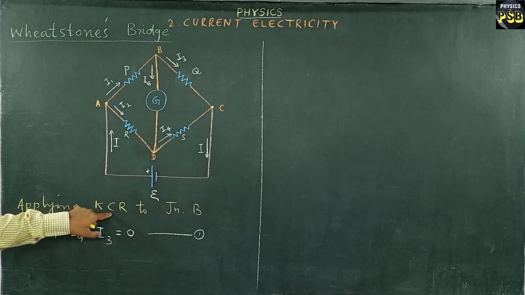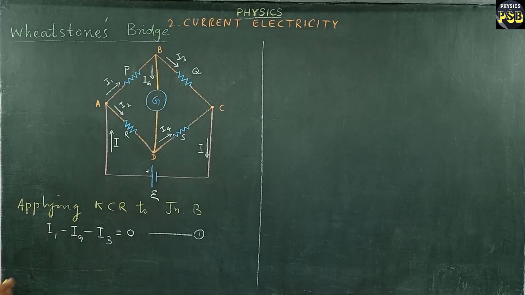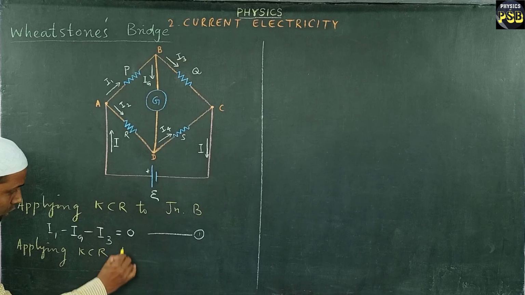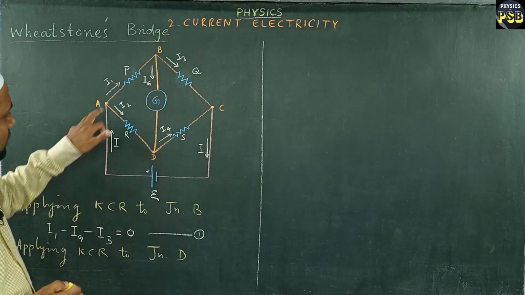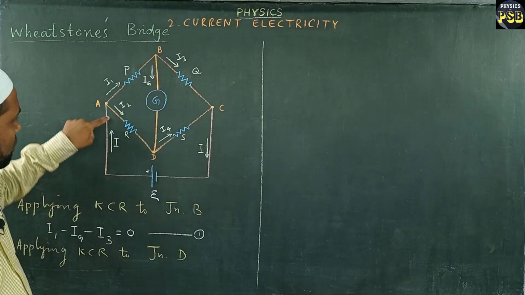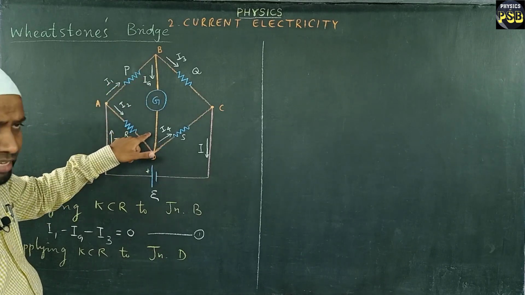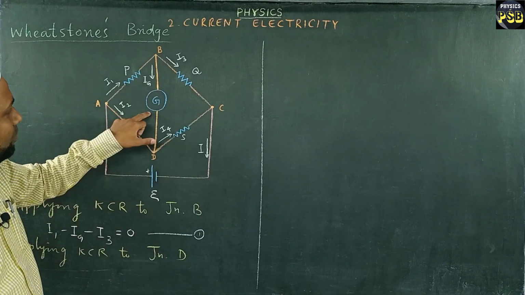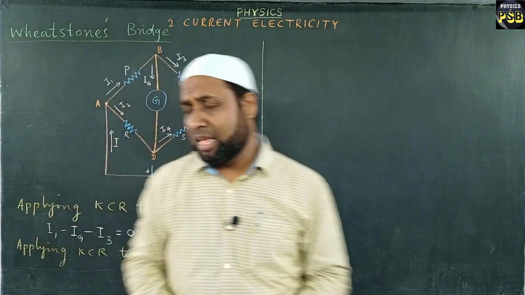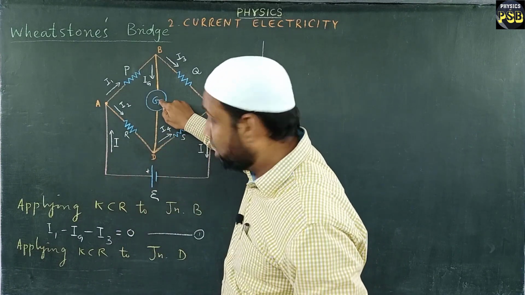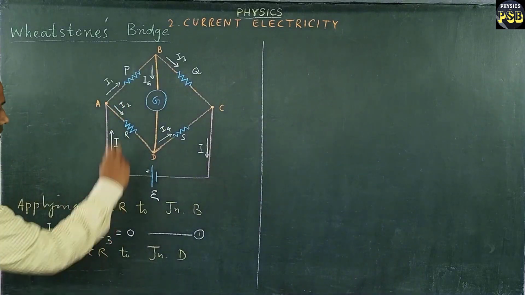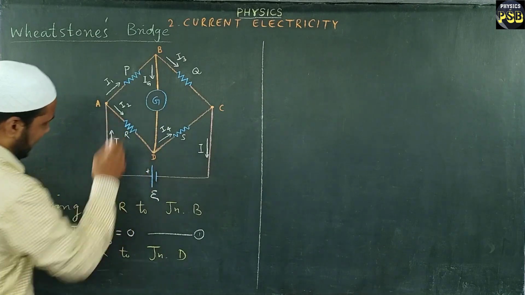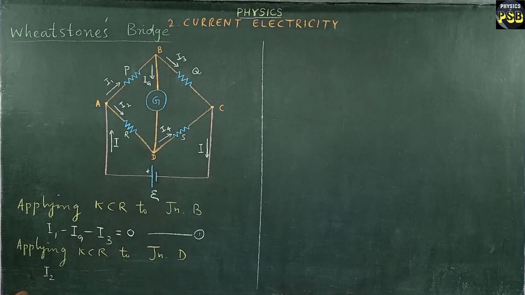Now I am going to apply Kirchhoff's current rule to junction D. Three currents meet at junction D, which are I2, I4 and Ig, which is flowing through galvanometer G. Here, the galvanometer has resistance G and the current flowing through it is Ig. The current towards D, I2, is taken as positive.